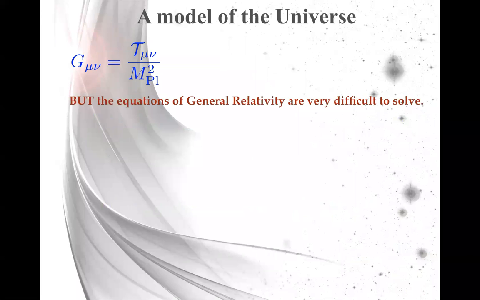Now you want to model the universe. You want to build a model of the universe. So you need to solve Einstein's field equations, G_μν equals T_μν, where T_μν are all the matter fields. But these equations are not so easy to solve. So you need some simplified assumptions.